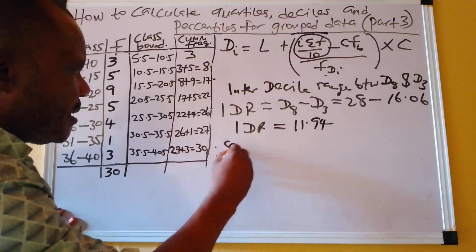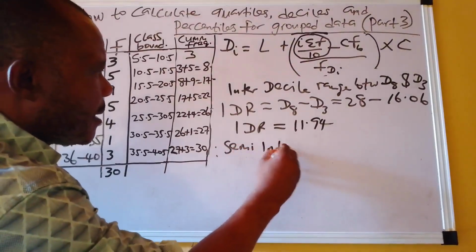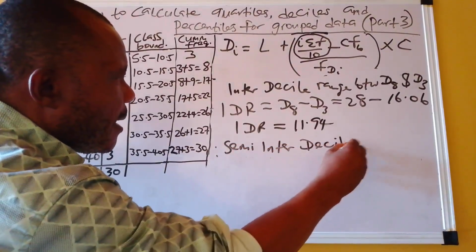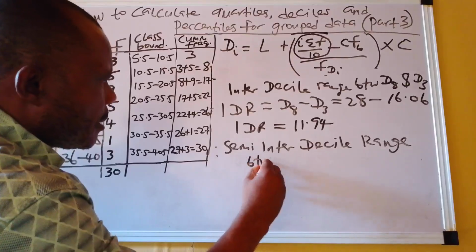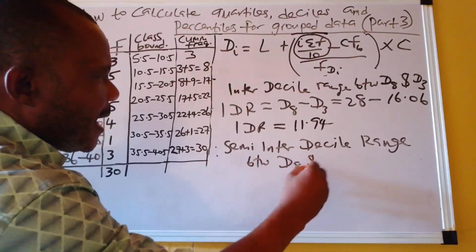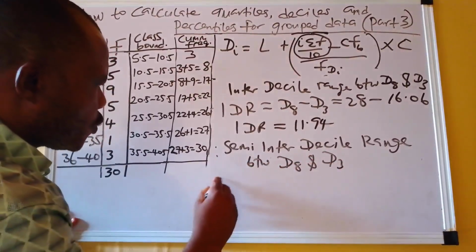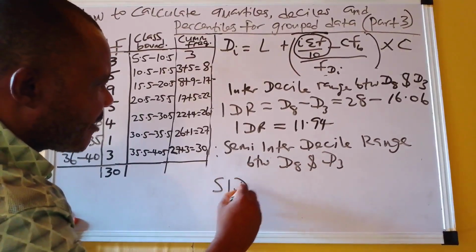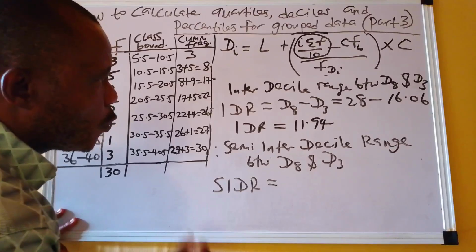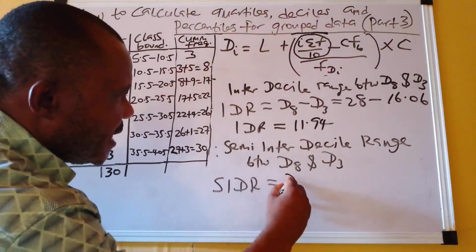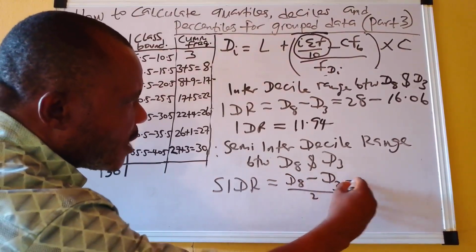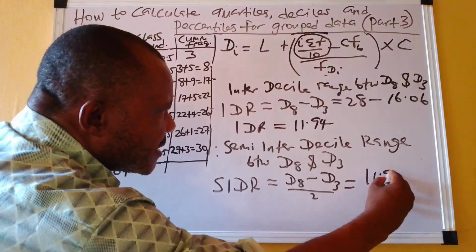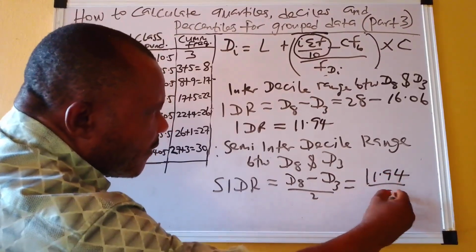Then the semi-interdecile range between D8 and D3 will be equal to D8 minus D3 all over 2, and that is equal to 11.94 all over 2.